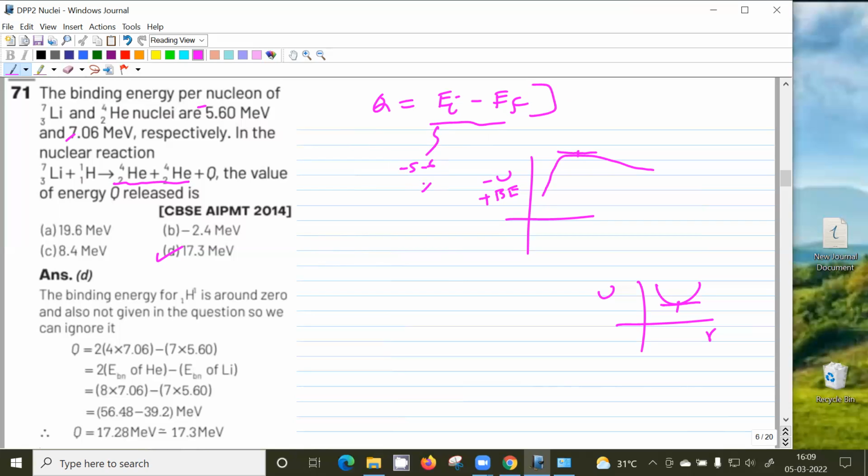Minus 5.6 into 7, and 4 into minus 7.06, 8 into... final is 8. Whatever is convenient for you, remember. But binding energy is negative, though they don't say it, because once you say binding energy, it's understood to be negative. Revise, and then that I will remember.